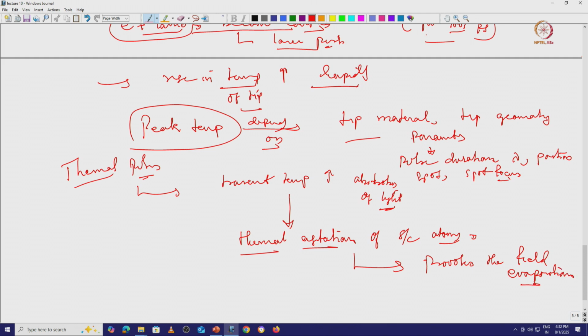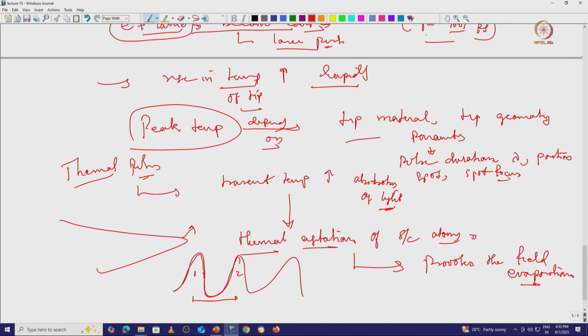So when the temperature of the tip surface increases in subsequent pulses, for example, when the first laser pulse is applied, the tip temperature increases, and while the pulse goes down, the temperature of the tip also reduces, okay.